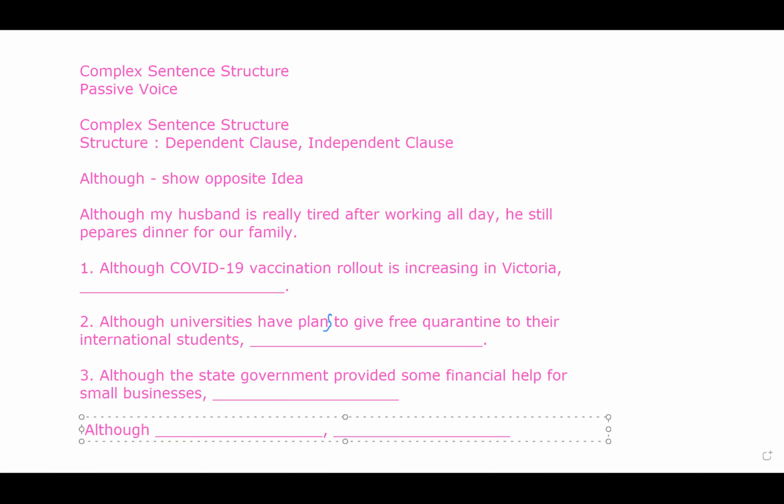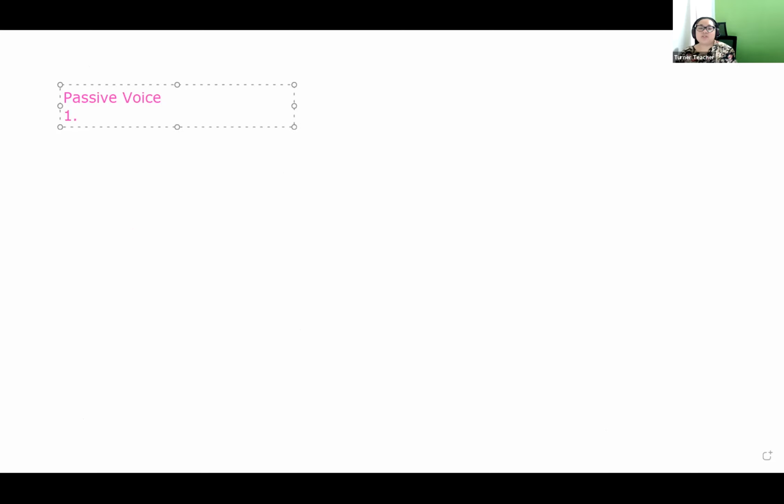Okay, what is passive? Why do we use passive? Passive voice. Why do we use passive? Can anybody remember? The action is more important than doer. Well done, Miss Andrea. The action is more important than who does the action.